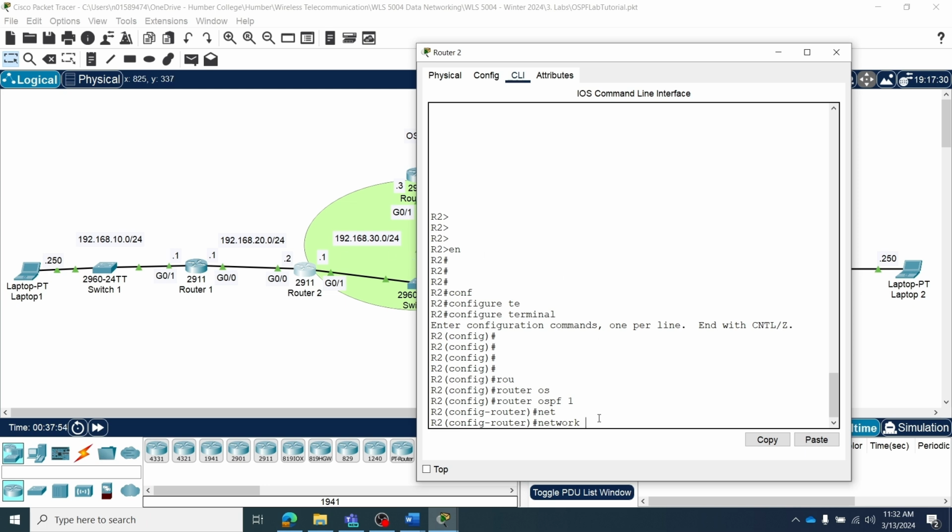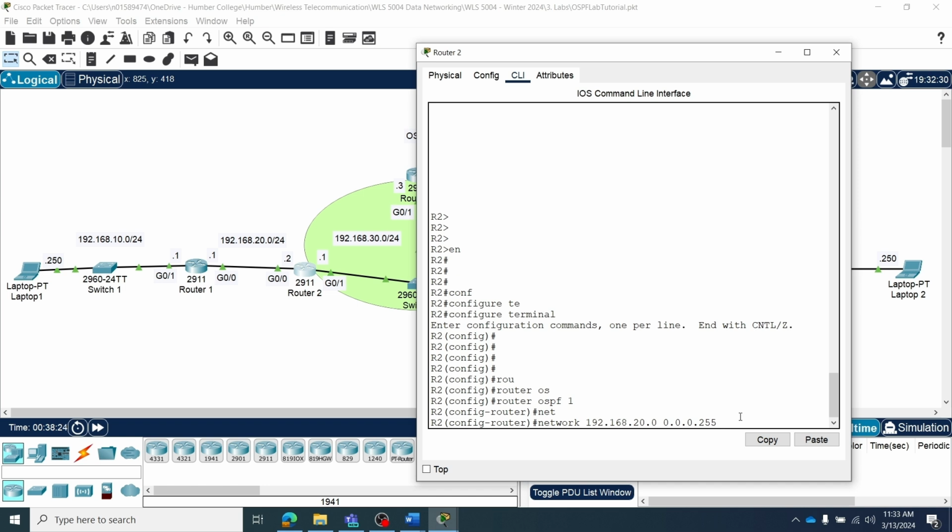So 192.168.20.0. Then we have to give the wildcard mask 0.0.0.255, because it is a network of 24 bits. So the first 24 bits are 0, then the last 8 bits are 255.